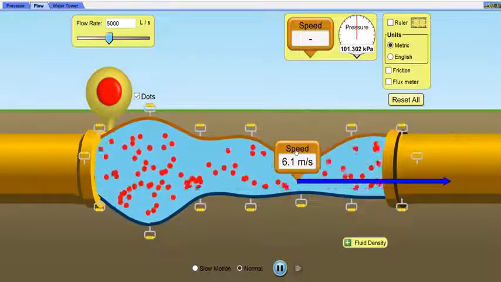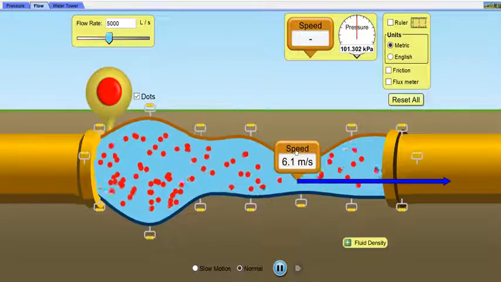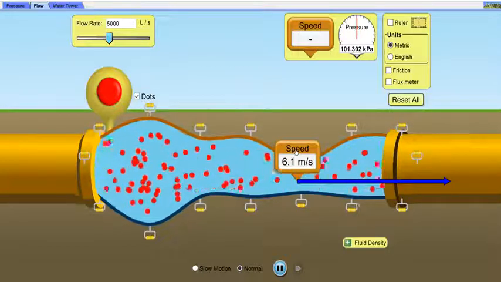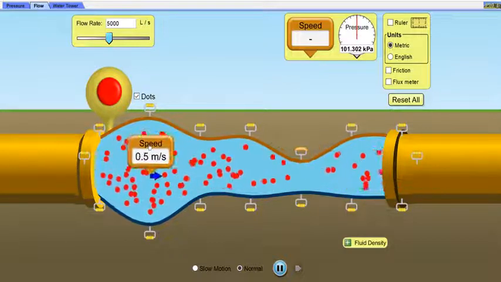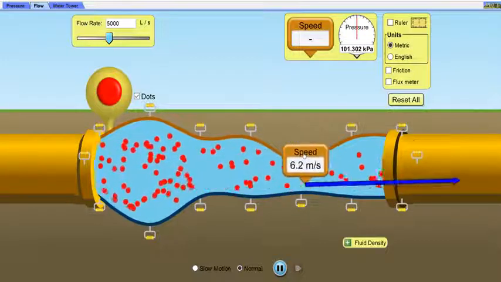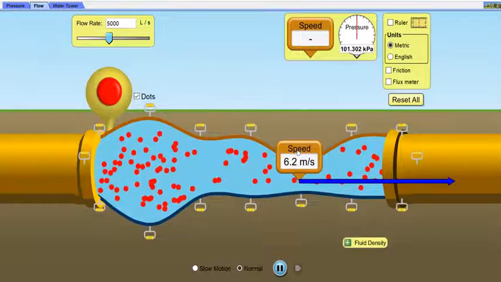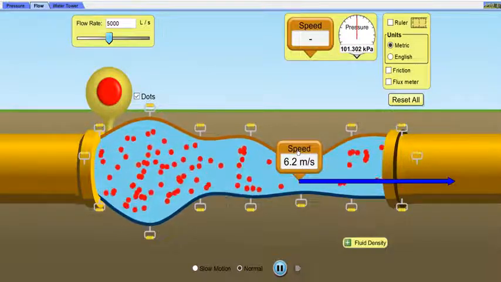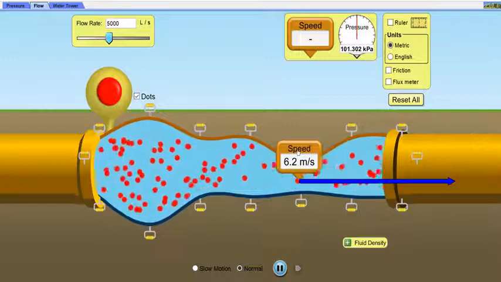So this is the law of continuity, the equation of continuity in fluid dynamics, which says that if I increase the area like this, then its velocity will be reduced, and if I reduce the area, then its velocity will be increased. So the product of area and velocity is always constant in this flow of fluid.